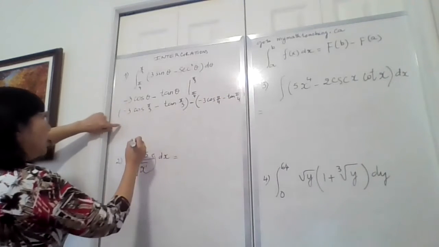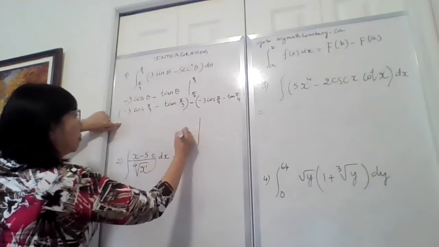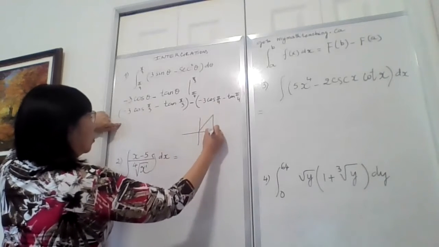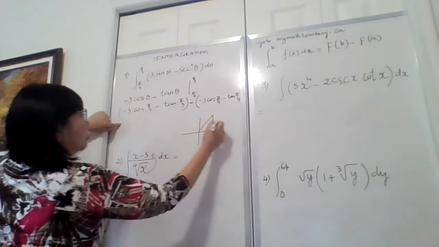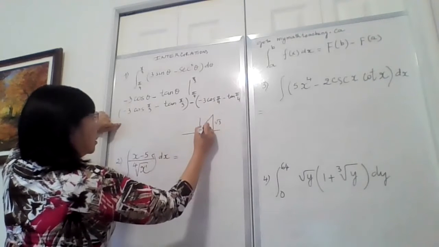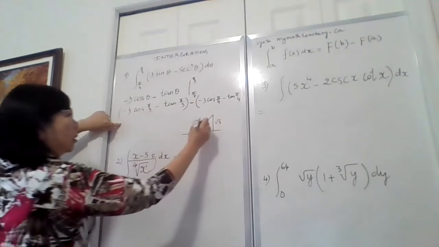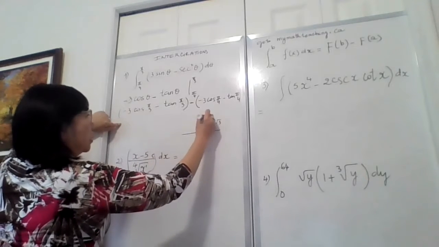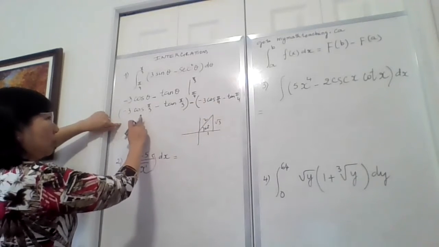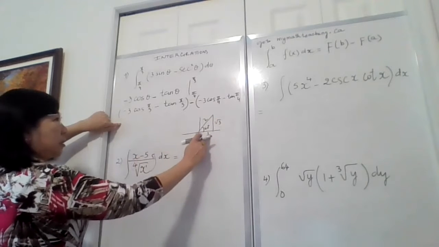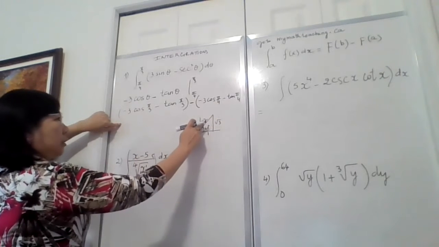So now we have to remember the special triangle, right? If you have a triangle, with the opposite side square root of 3, the angle is 60 degrees, which is the same as pi over 3. And this side is 1 and this is 2. So the ratio for cos is adjacent over hypotenuse.